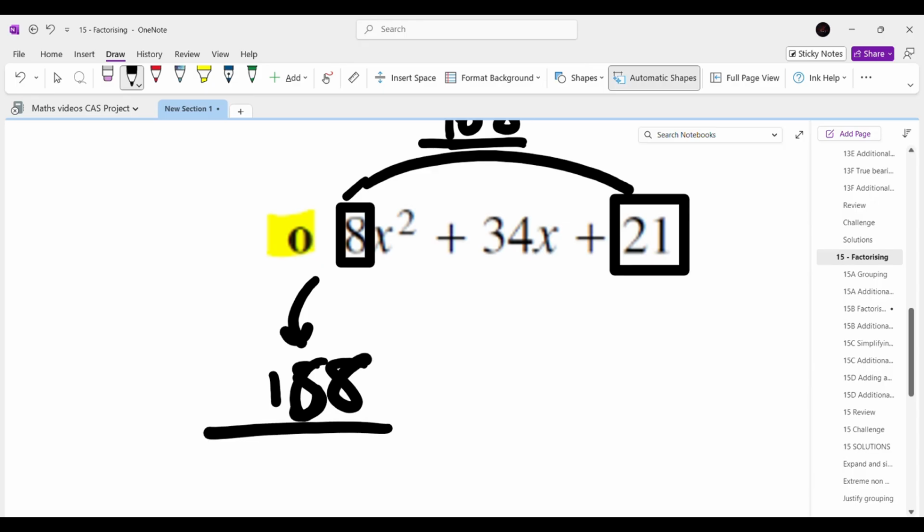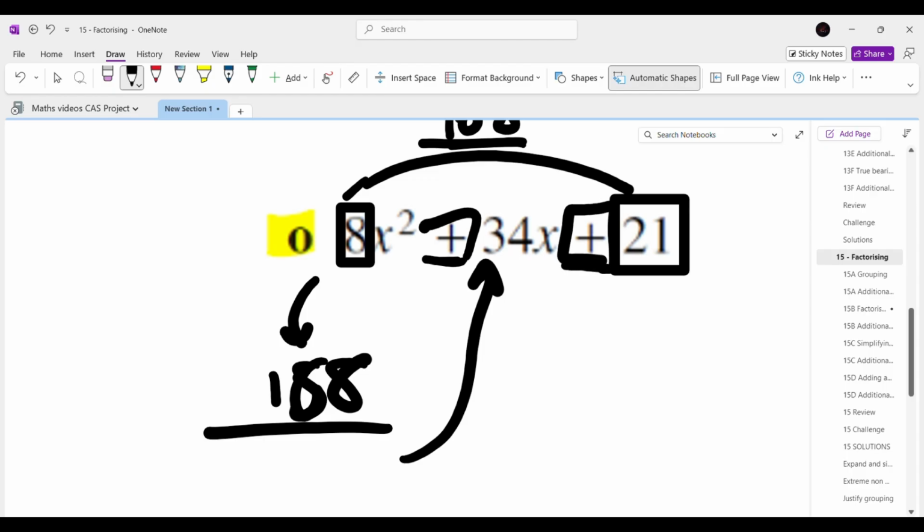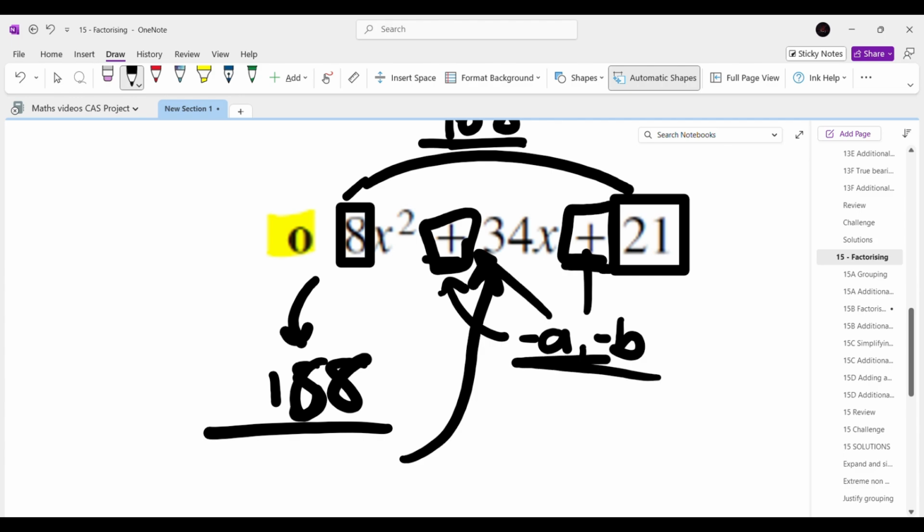Okay. So now we're looking for factors of 168 that when added together will give us 34. You can ignore negatives in this equation because you have two positive signs right here. So that means it has to be only two positives, because when you have two negative roots, negative a and negative b, the sign in the middle will always be a negative and this sign will be a positive.